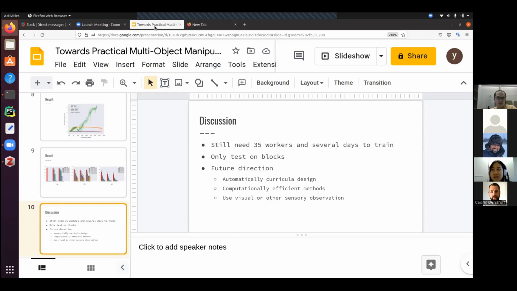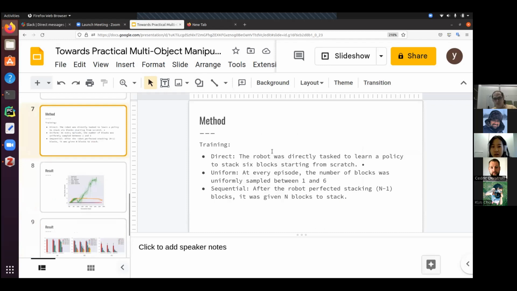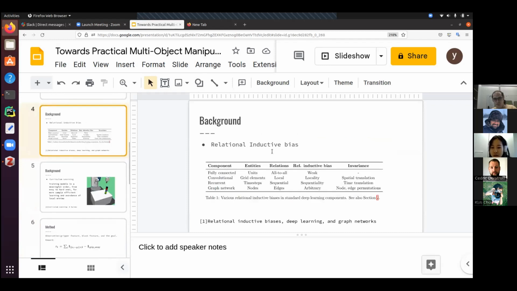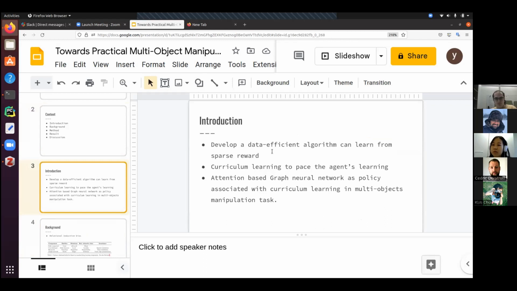I mean, in this experiment and with this method, can they parallelize the environments massively, or is it not possible? I'm not very sure about that. What do you mean by parallel? So right now they have 35 workers. If we increase the number of workers, does the training time reduce? Oh, I think it will work, but I think the memory is still needed.